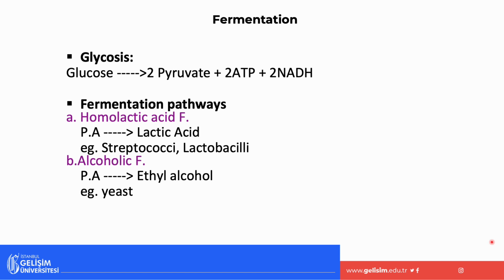Now, there are many types of fermentation pathways, but 2 of the most common are the homolactic acid and the alcoholic fermentation. Okay? So let's take a look at this one first.